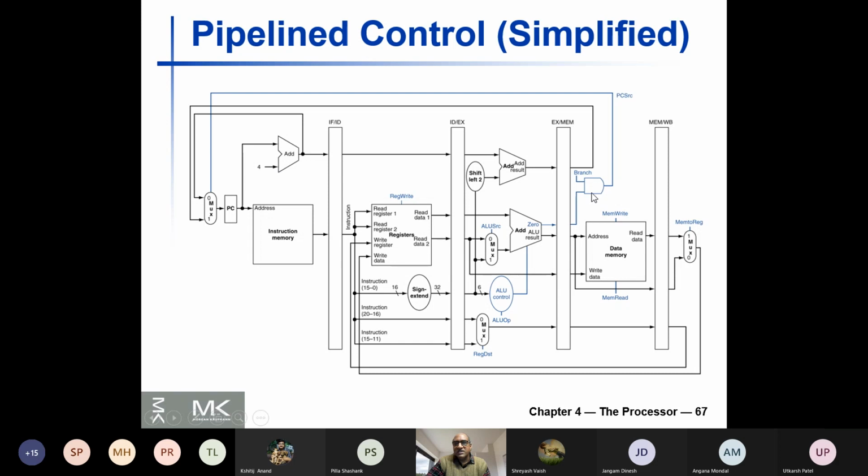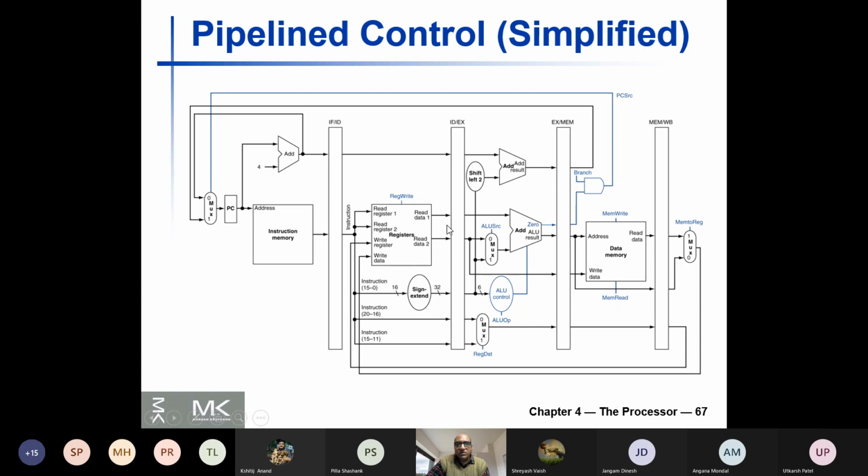That is the major change. Other than that, the other resources remain the same. Therefore the control signals are also more or less the same. But we'll see how this controller has to feed these control signals for various instructions at different stages correctly.